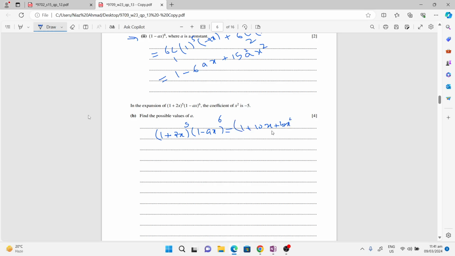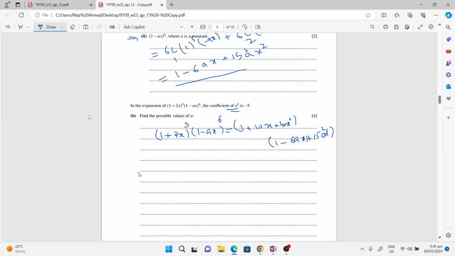This was our first expansion. And the second is 1 minus 6ax plus 15a square x square. So we have a coefficient of x square.